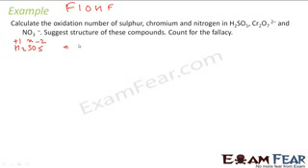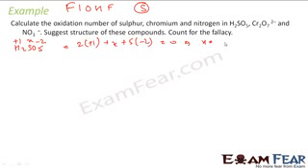You solve it, you get 2 into plus 1 for hydrogen, plus x for sulfur, plus 5 into minus 2 for oxygen. This is equal to 0. The total sum formula, that your sum of oxidation numbers is equal to 0. You solve this, you get x to be what? Plus 8, right? x is equal to plus 8.